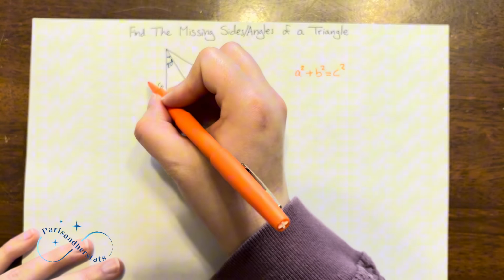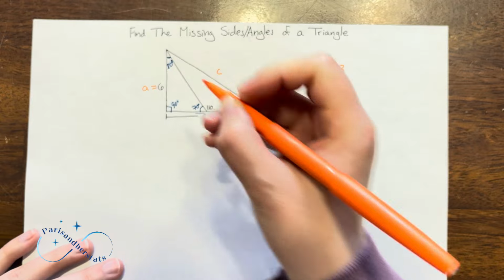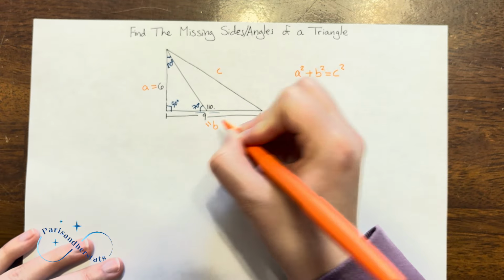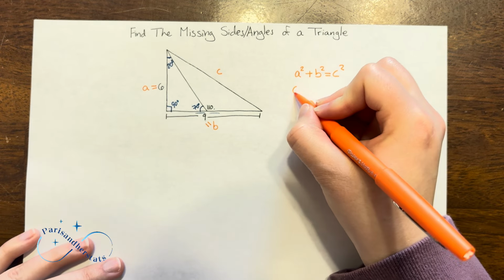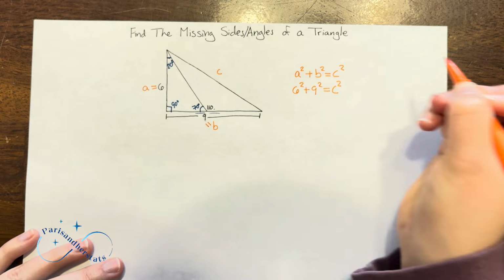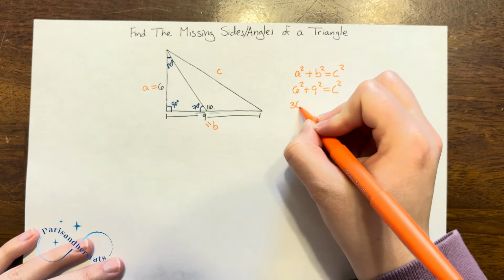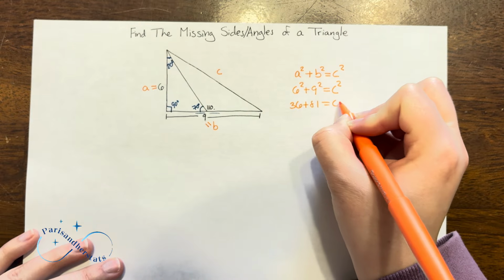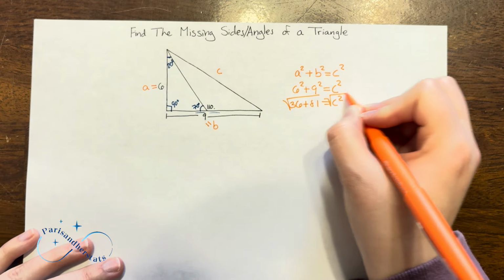For this particular problem, I'm going to say that the 6 is A and this 9 is going to be B. That means that 6 squared plus 9 squared equals C squared for our hypotenuse. 36 plus 81 equals c squared. We need the square root of both sides.